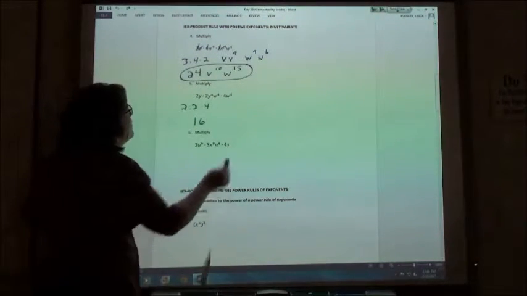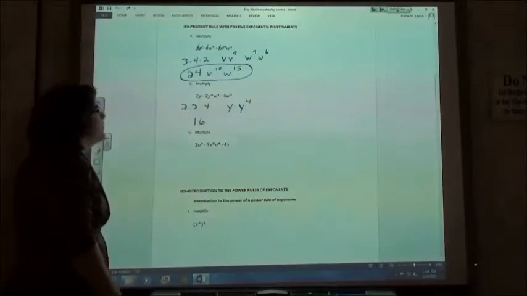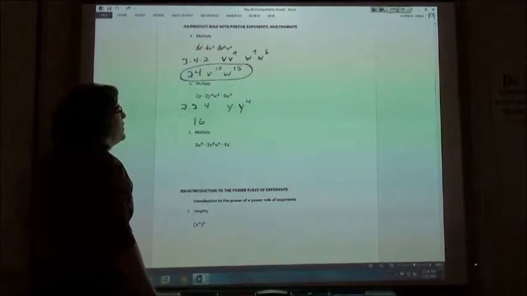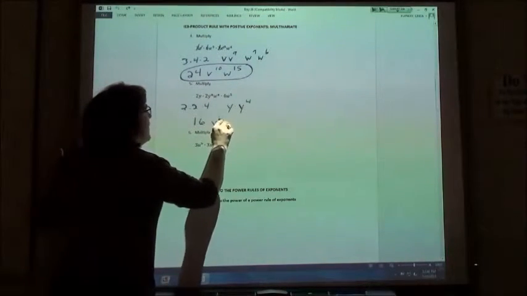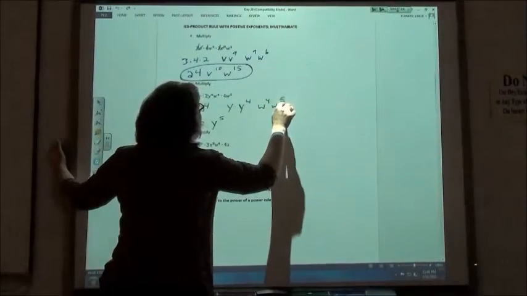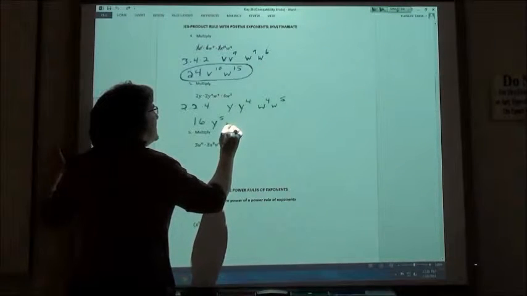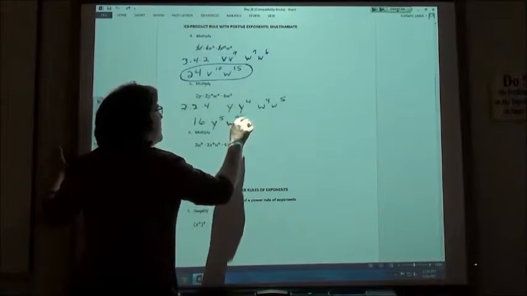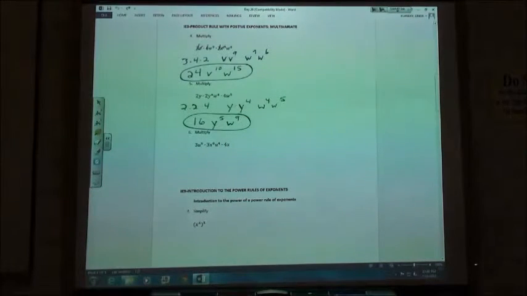Then doing my variables, I have a y times a y to the 4th. So y to the 5th. And then I have a w to the 4th times a w to the 5th. 9. w to the 9th. So 16 y to the 5th, w to the 9th would be my answer.